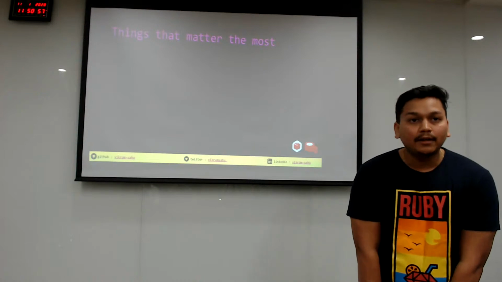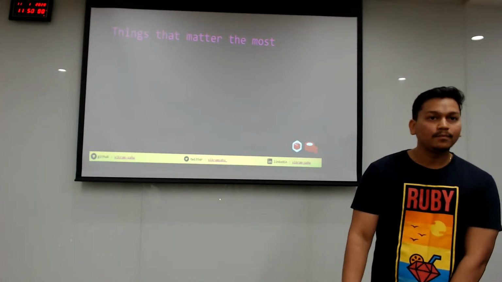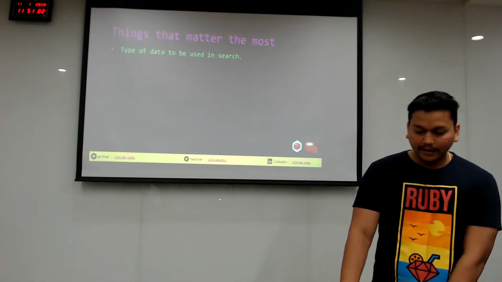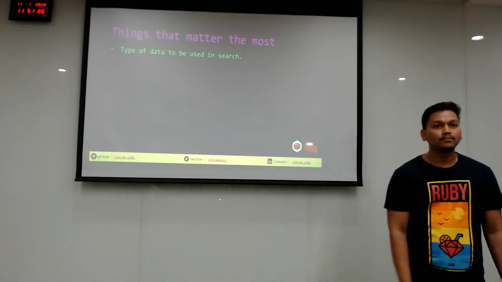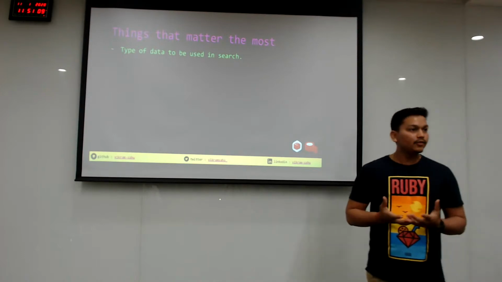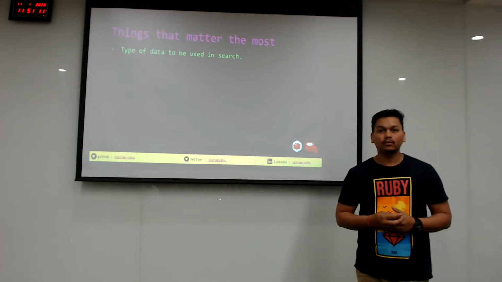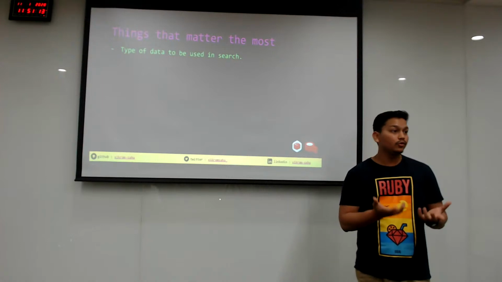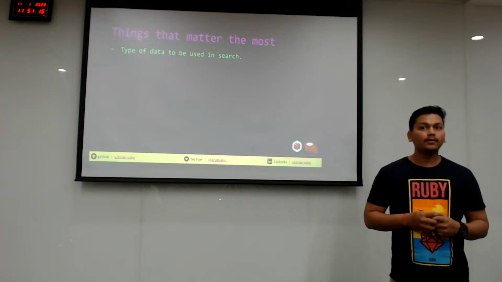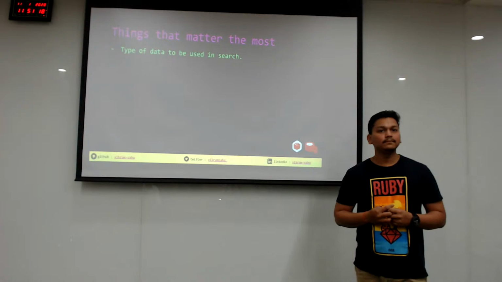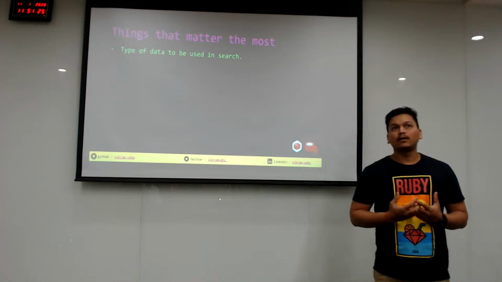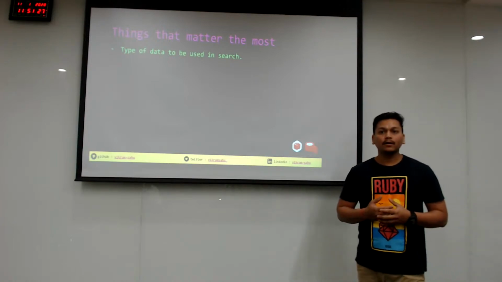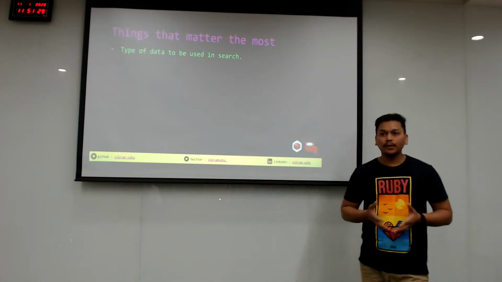What are the things that matter the most when you build a search? In the previous slide we saw the type of data used in search. When you are building a search engine, what kind of data do you need to process, or need your users to search? Let's suppose I'm building an app for my company where there are crores of emails.